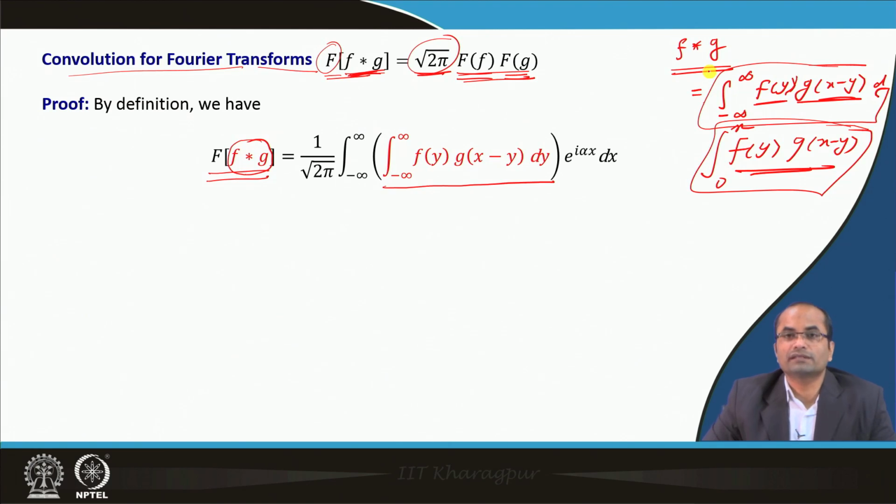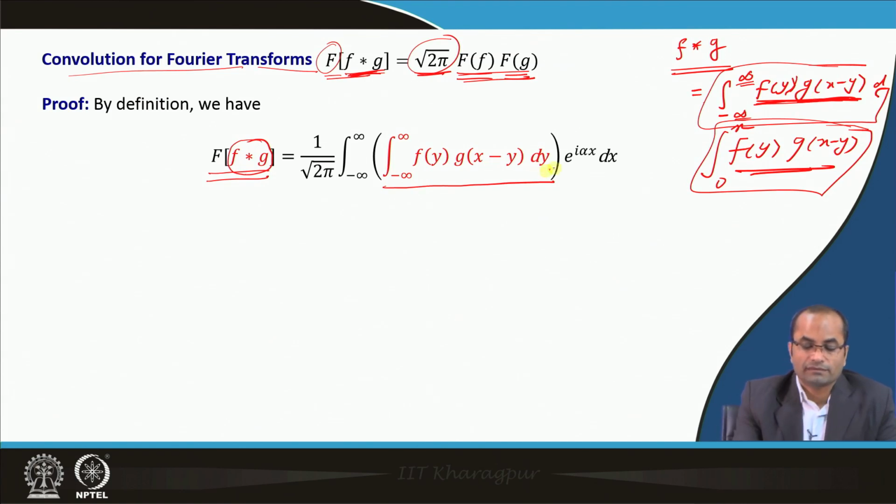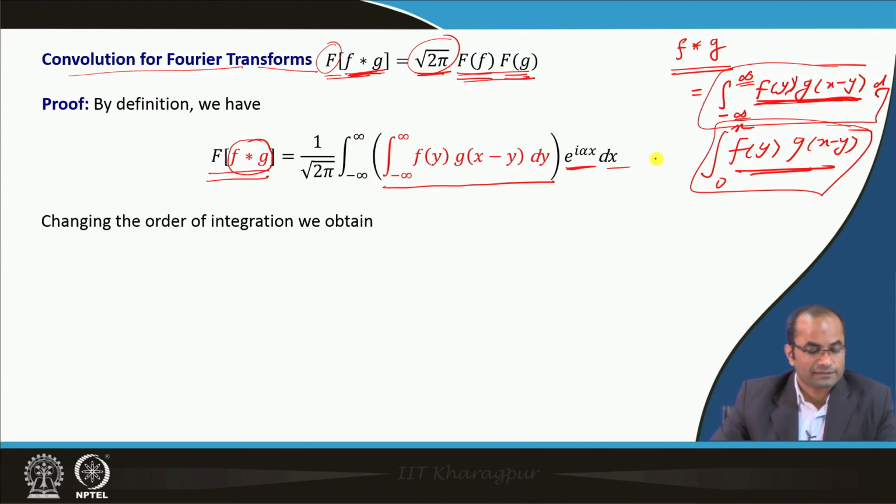So, we are going with minus infinity to plus infinity because the Fourier transform is defined for the entire real axis. This is the special structure of the convolution integral: we have f(y), and the other function is just shifted by x minus y, then dy, and because of the Fourier transform we have e power i alpha x and then dx.